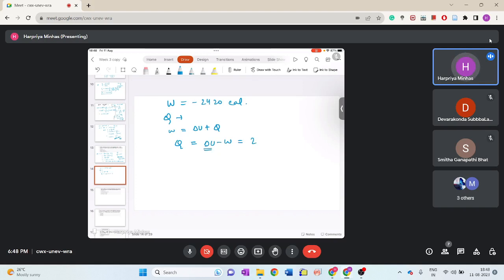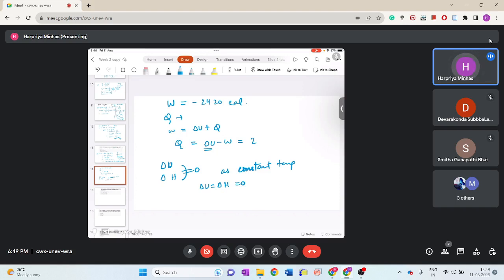For that we require del U. For isothermal processes, our del U and del H both are 0. As we have a constant temperature for an ideal gas, we consider del U equal to del H, equal to 0.